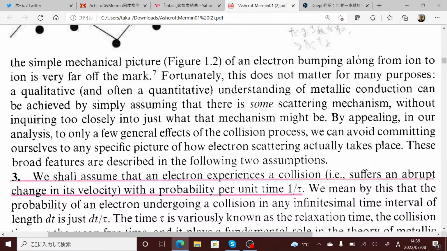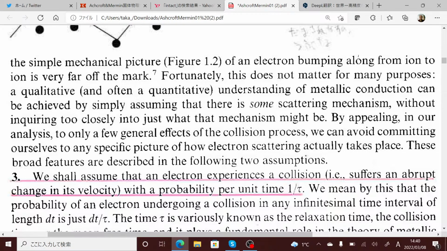By appealing in our analysis to only a few general effects of the collision process, we can avoid committing ourselves to any specific picture of how electron scattering actually takes place.